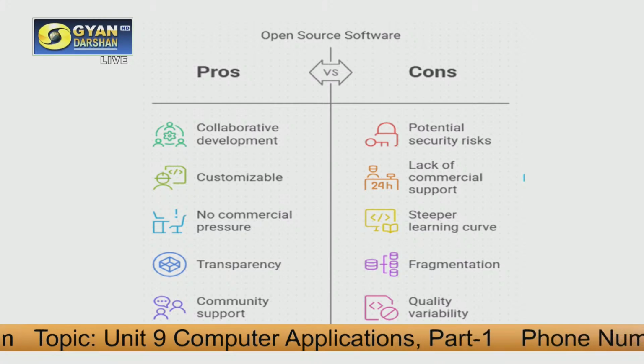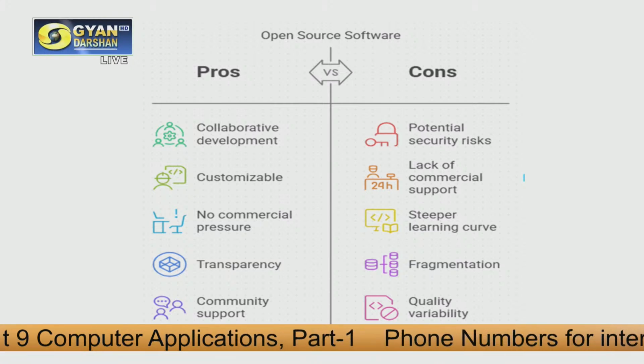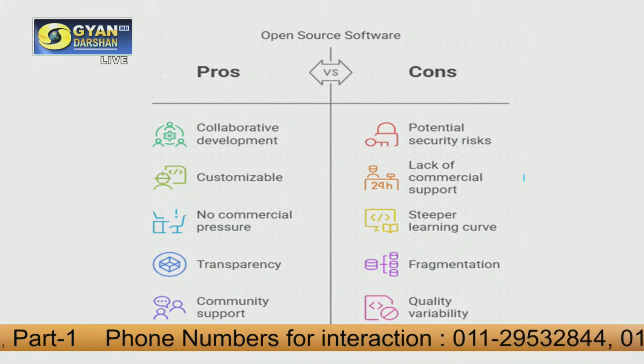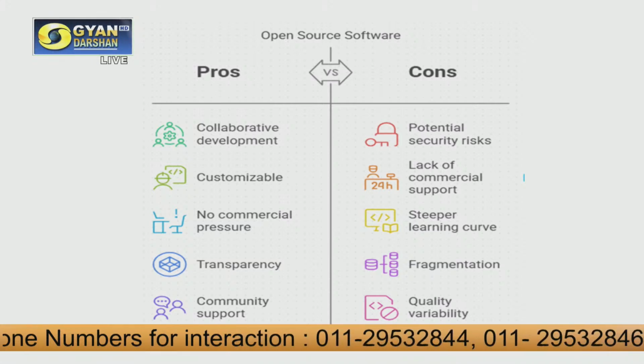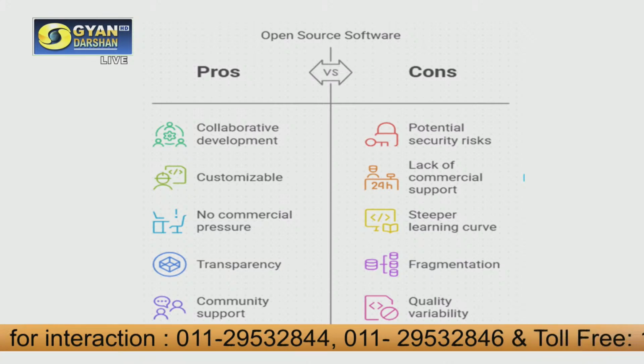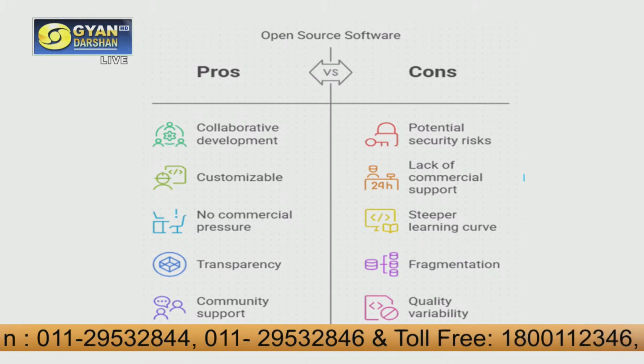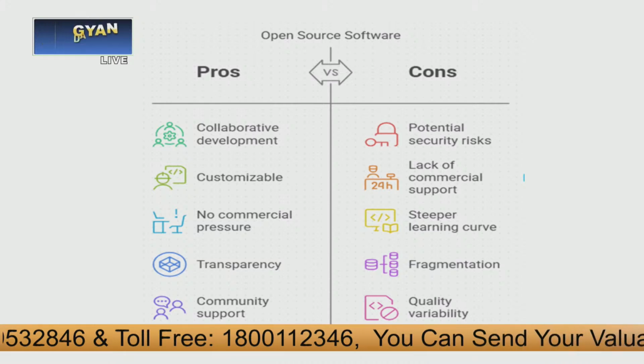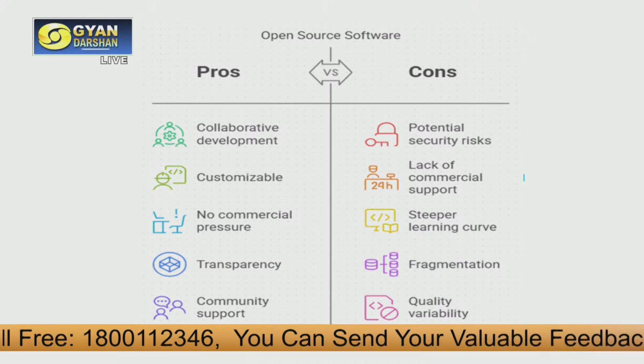But there are some potential risks, because the software engineers are downloading the source code. The source code is openly available. There might be a potential risk to security, and commercial support is quite less. Apart from this, one needs to understand the technicalities on their own.